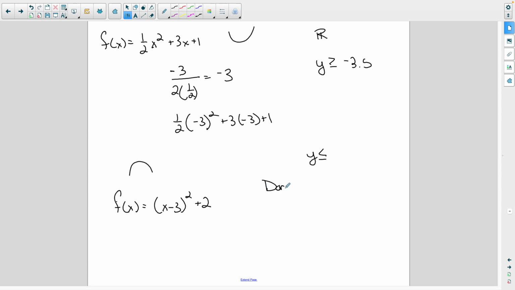Domain, it's all real numbers. My a is 1, so it's a normal parabola. So my range is y is greater than or equal to 2. All right, that's my second section.